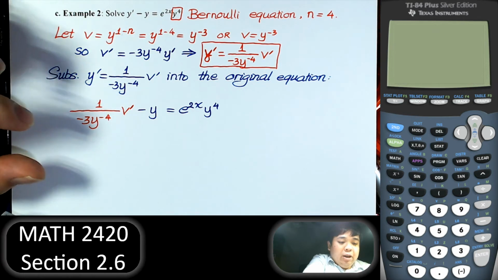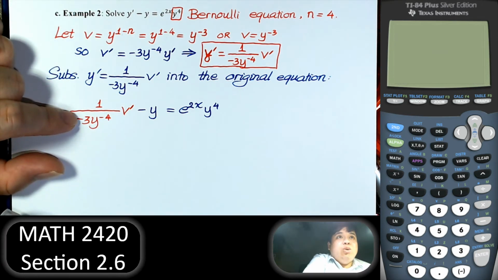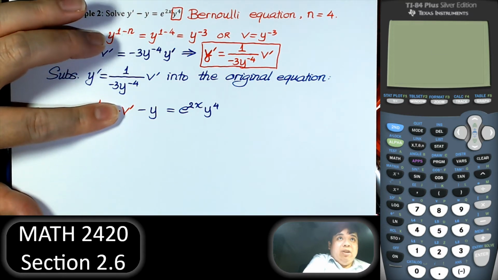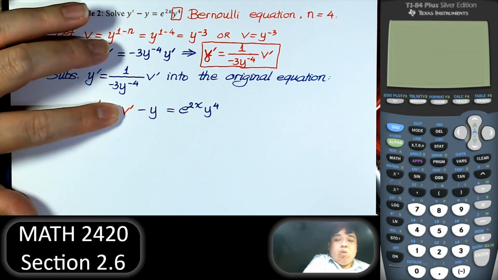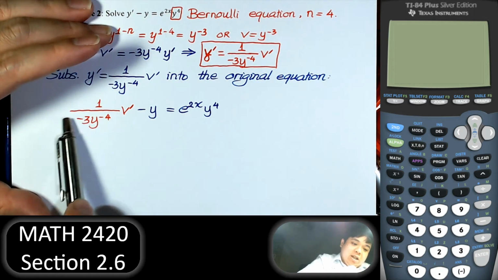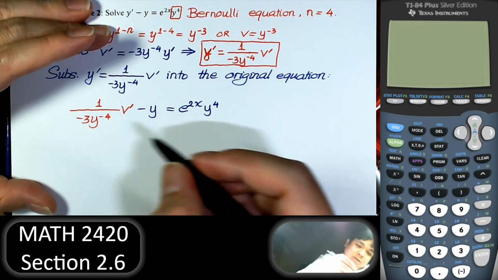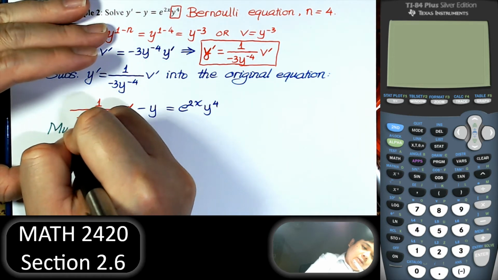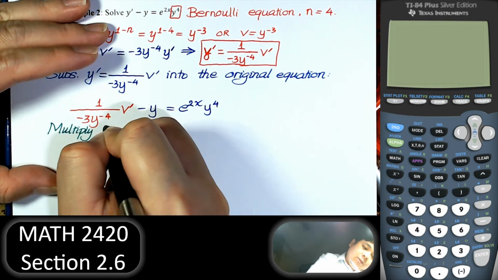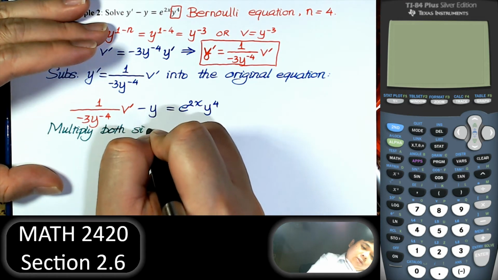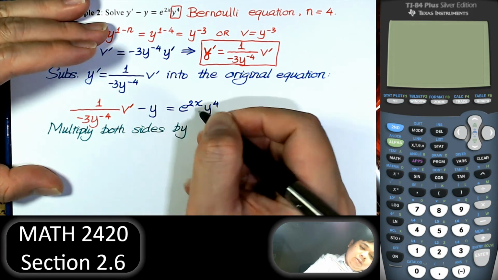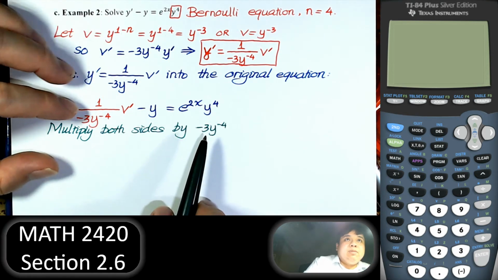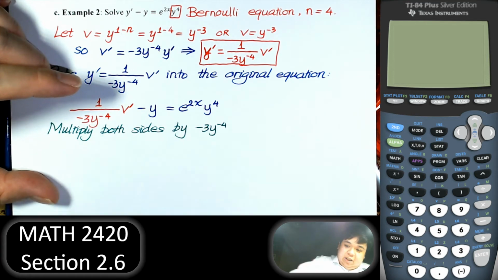Now, this is supposed to turn into a linear first order equation. So if we multiply both sides to get rid of this, we should have the linear first order equation. So multiply both sides by the denominator. So multiply that to everything.